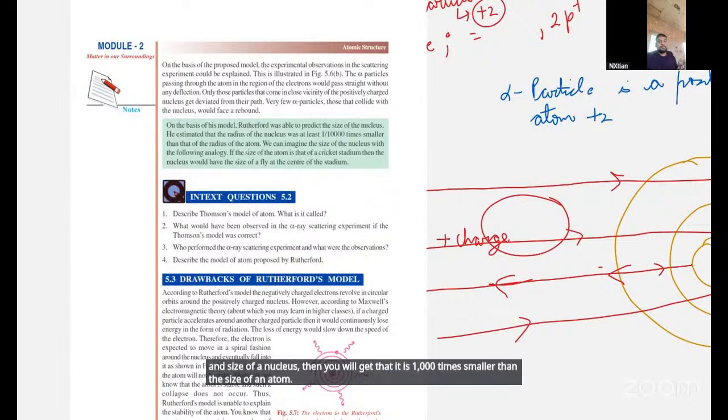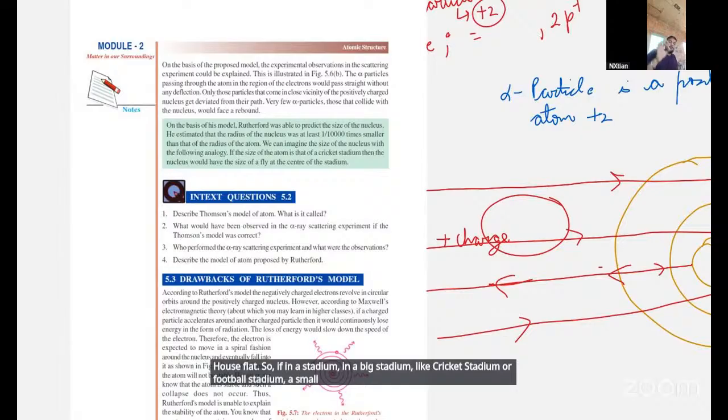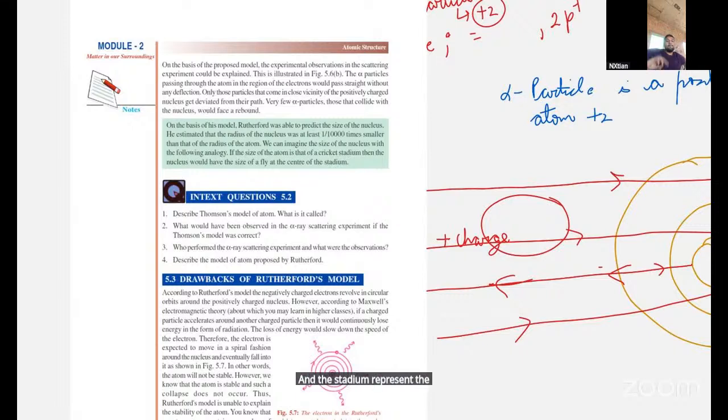And then he compared it with the example of a stadium and a house fly. In a big stadium like a cricket stadium or football stadium, if a small housefly is roaming in the center of the stadium, that much ratio is there. The housefly is like the nucleus, and the stadium represents the atom. That much comparison he took, like 1/10,000 times.